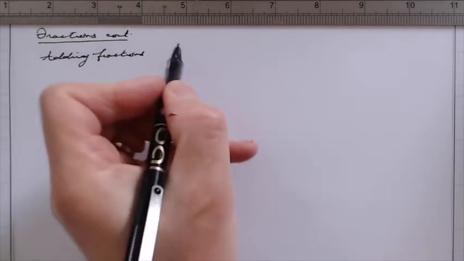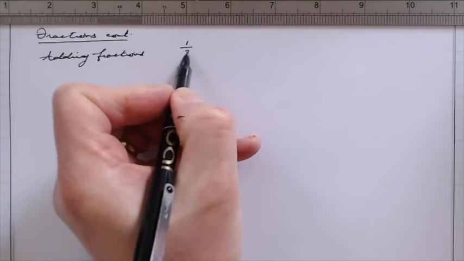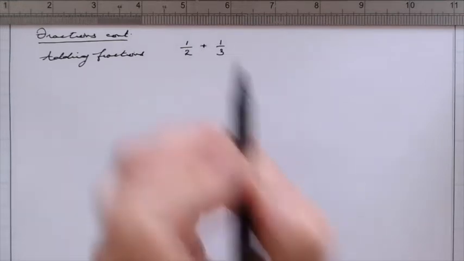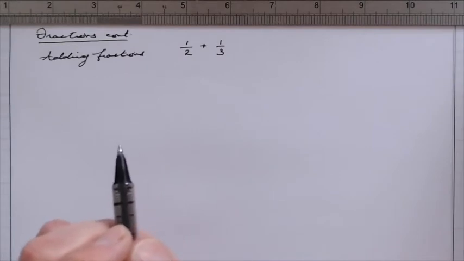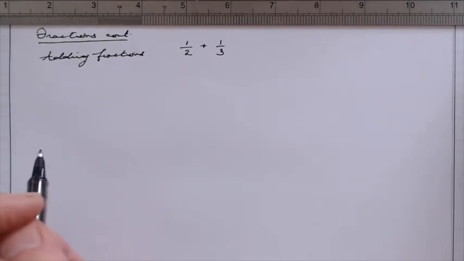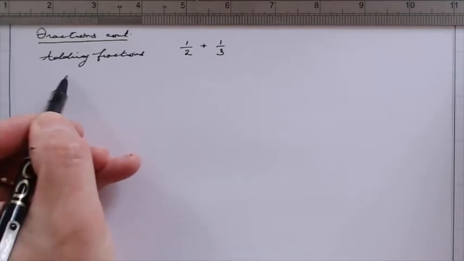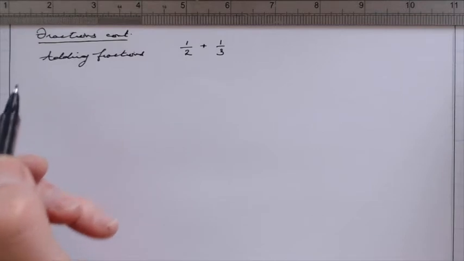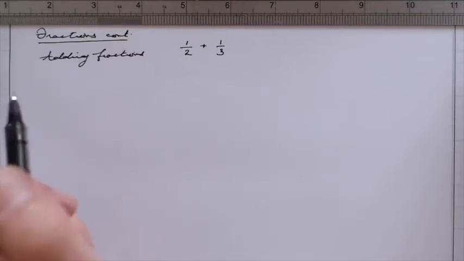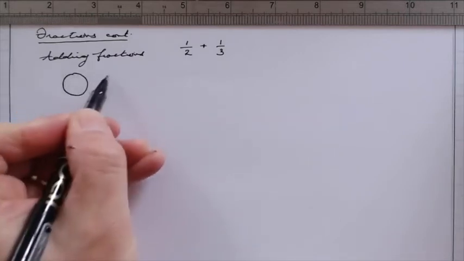And let's consider a very simple example. Let's imagine we want to add 1/2 and 1/3. And let's actually look at that in terms of our favourite metaphor for fractions, which is birthday cake. So let's imagine that there was a party, 2 cakes were baked, and they were identical cakes.